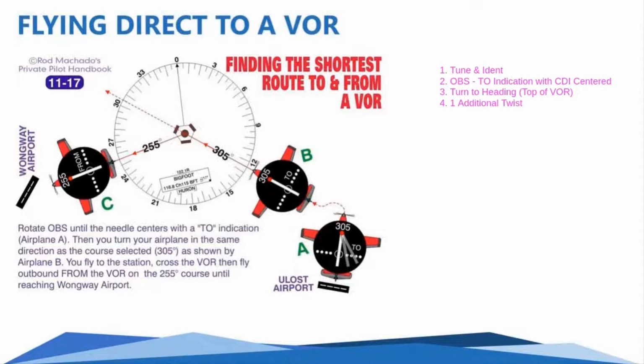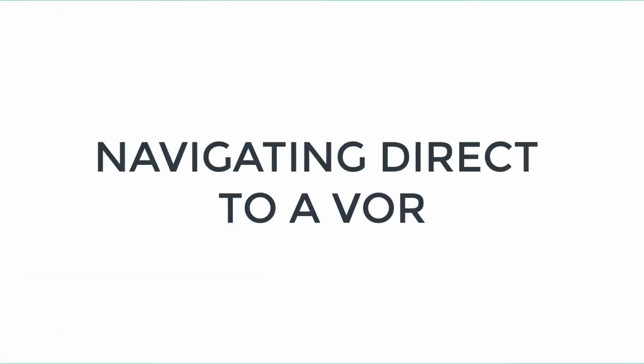Whatever the number is on the very, very top with the needle centered, even if it's 111, that right there, whatever that number is at the top, that is what I turn to. That is going to be my heading. So I plug that in, and I want to make sure I turn to that. And we'll talk about the 1 additional twist, but you get 1 additional twist of the OBS, and that additional twist is to center the needle, and that will tell you what radial you're currently on.